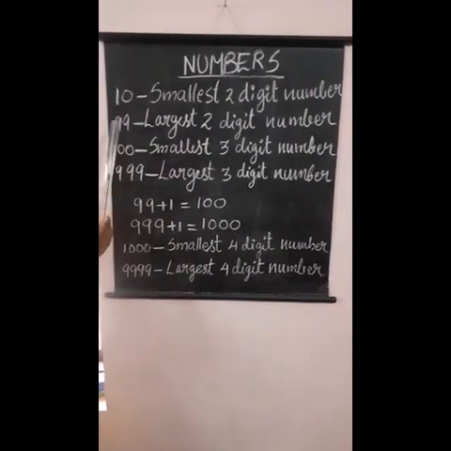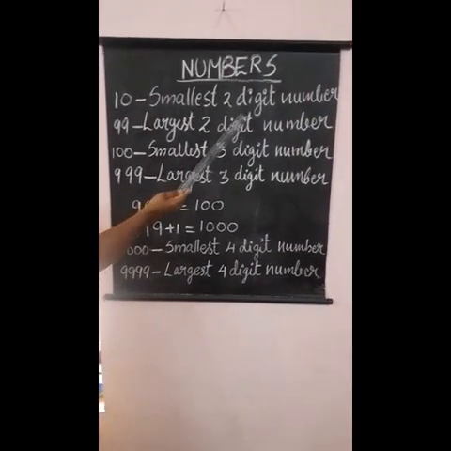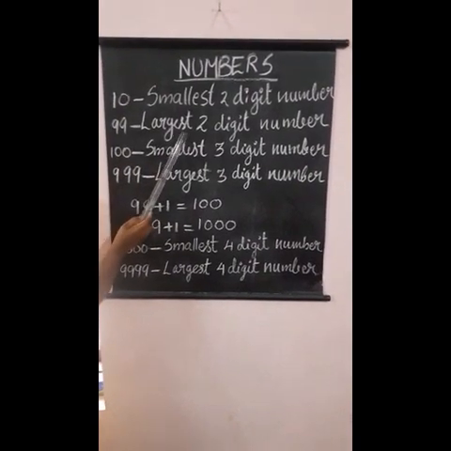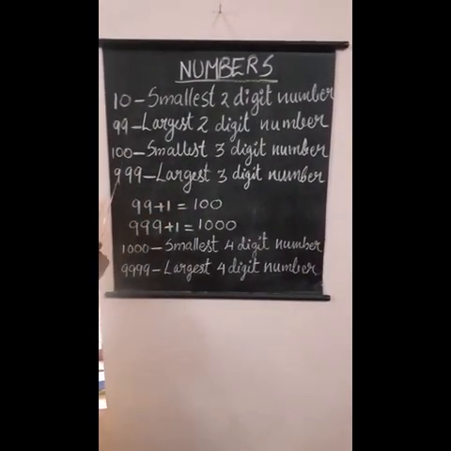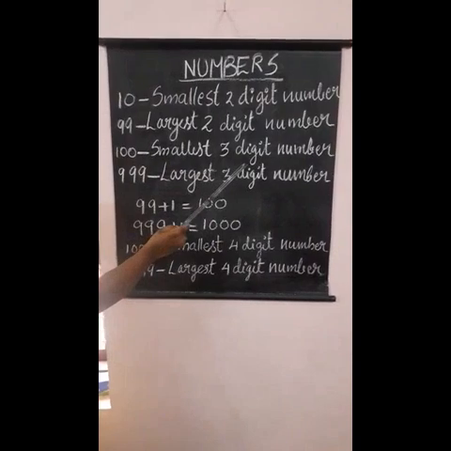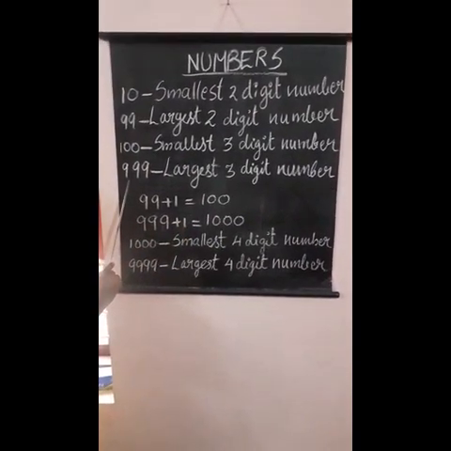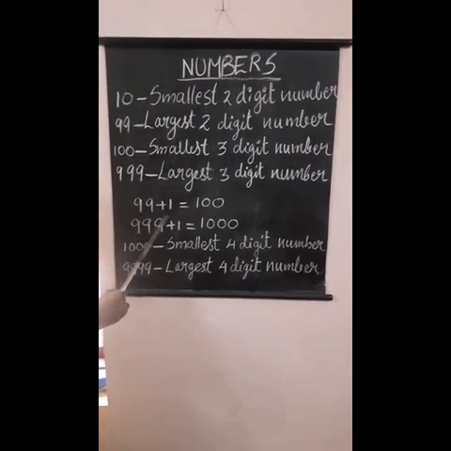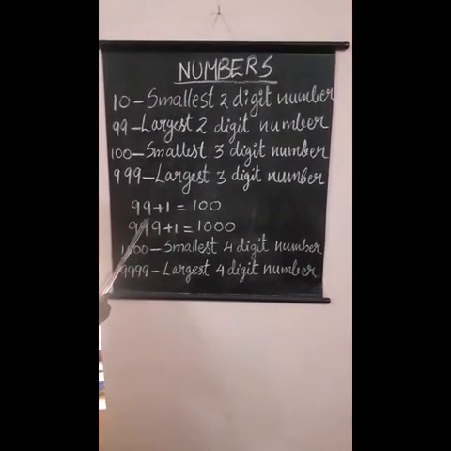Okay, now I show you the smallest numbers and largest numbers. Here 10 is the smallest 2-digit number and 99 is the largest 2-digit number. 100 is the smallest 3-digit number. 999 is the largest 3-digit number. See children, what will happen when we add 1 to this largest 2-digit number?